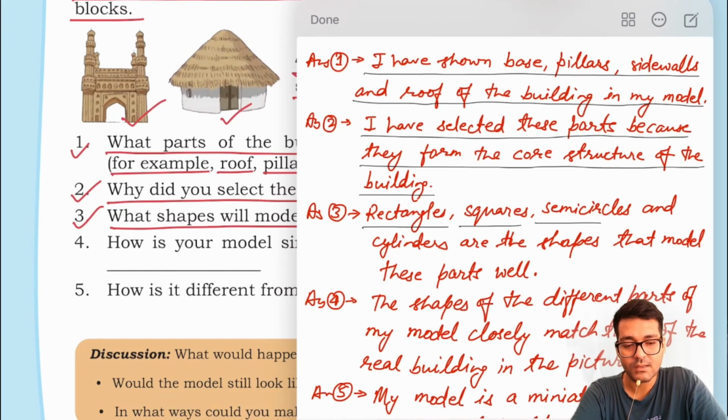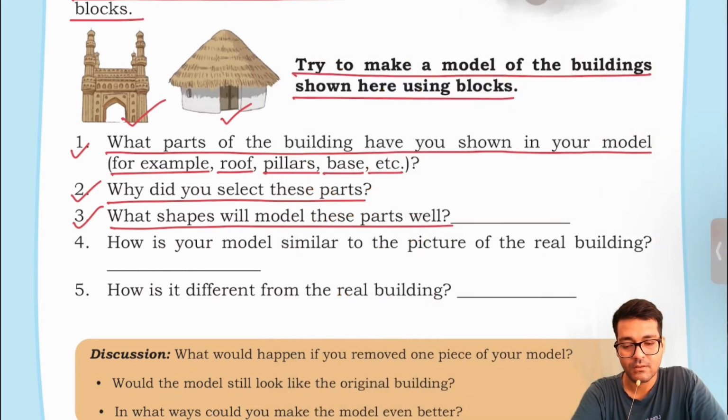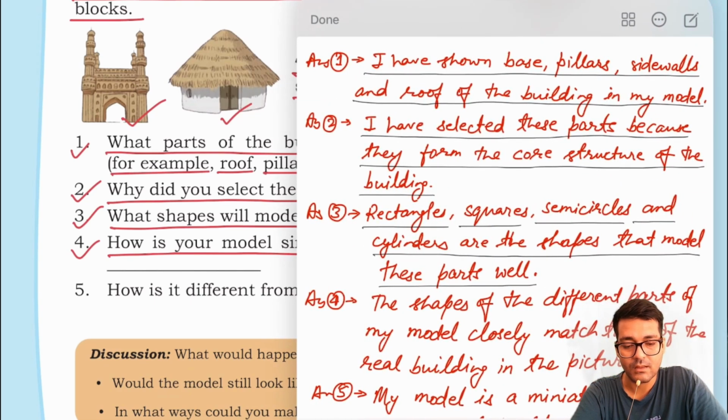Rectangles, squares, semicircles and cylinders are the shapes that model these parts well. 4. How is your model similar to the picture of the real building? Answer. The shapes of the different parts of my model closely match those of the real building in the picture.